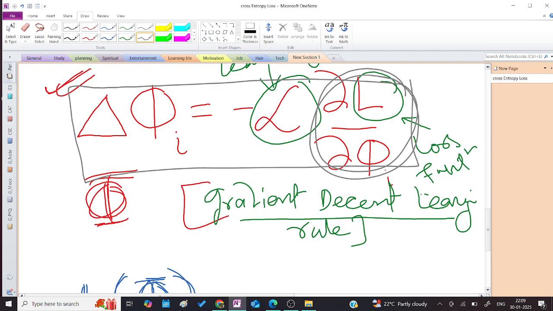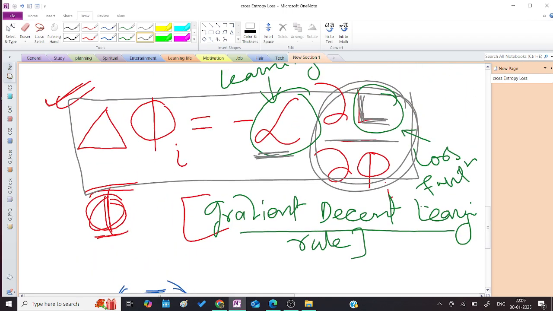The L, this loss function, and by the way, this learning rate is a constant term, right? And this is a function. This L should be a continuous and smooth function, right? Or else it will not be differentiable.